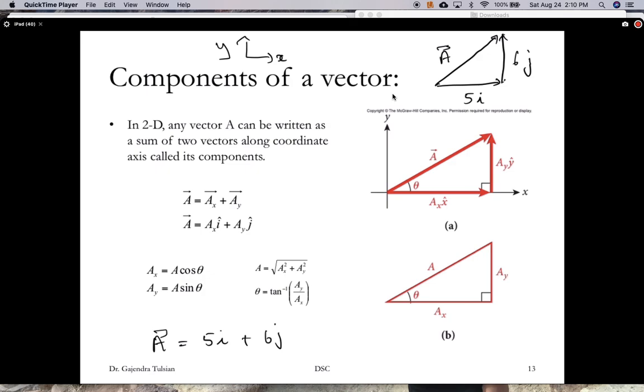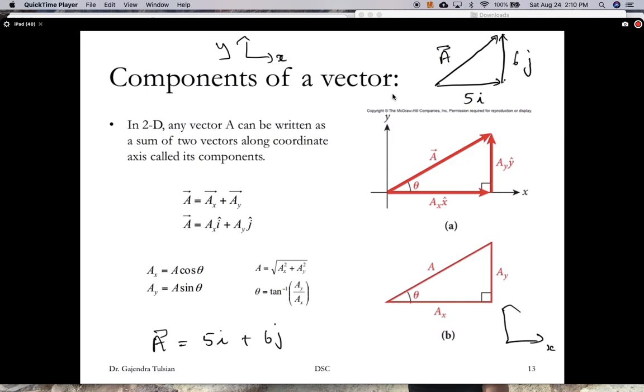And it turns out that in two dimensions, the components are related to the magnitude and direction by these equations. The x component is the magnitude of A, which is the length of A, times cosine of this angle theta, where theta is measured from the x-axis in the counterclockwise direction.